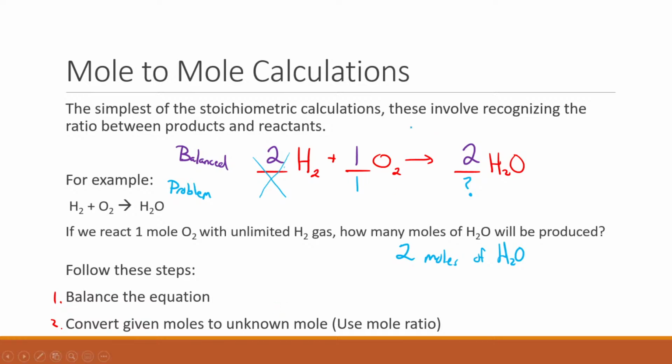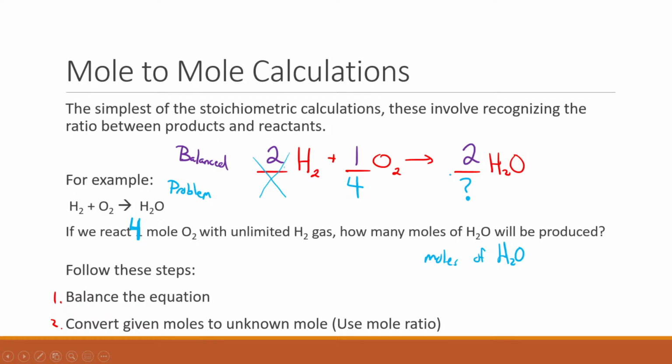Now, what if they're not the same? What if this question has said 4 moles of oxygen gas? What if this was a 4? How do I solve out for this new H2O mole quantity? I've got 1 over 4 and I want that to be equal to 2 over something.